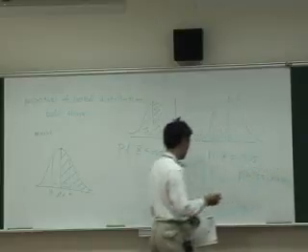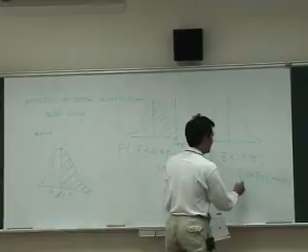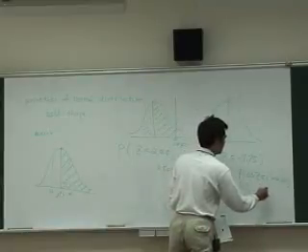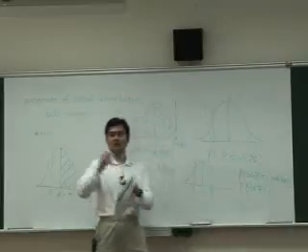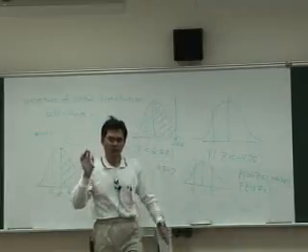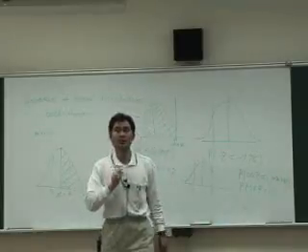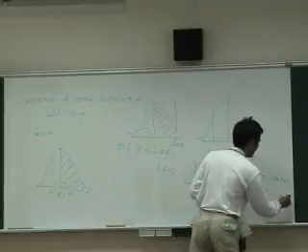0.3413, right? Okay, so then, what's the probability for Z between 0 and negative 1? The same, 0.3413.